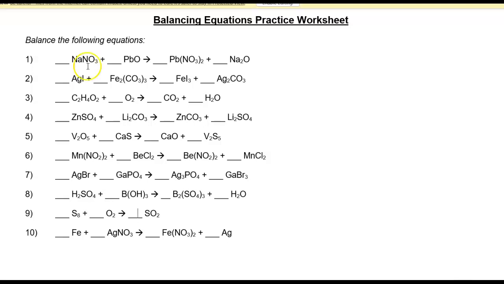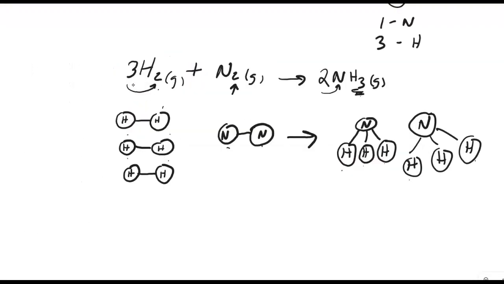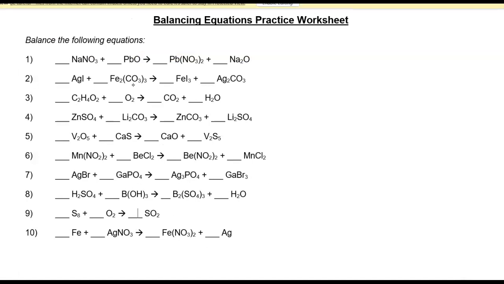Let me make a comment on some of these things like NO3 and CO3. So let me go back to my whiteboard. First of all, let me copy this down. I've got sodium nitrate and lead oxide.